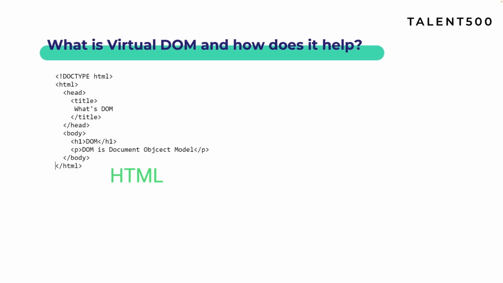So when the browser renders this, it creates a tree. It creates a model of your HTML representation. Why is that model or tree required? Because if that tree or model is not there, it will be very difficult to make your page dynamic. Think about a situation where you would like to change this h1 text, or you want to change this particular p tag text to something else, or between this h1 and p you want to add a new div tag.